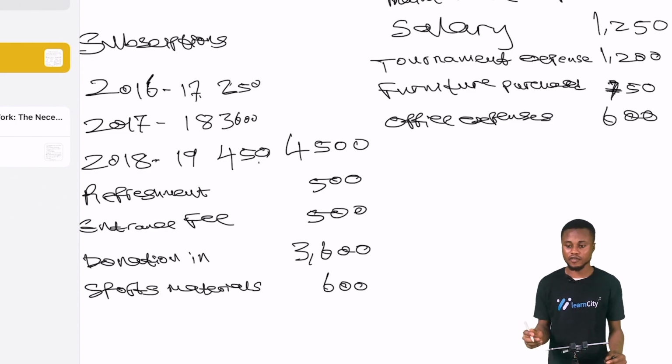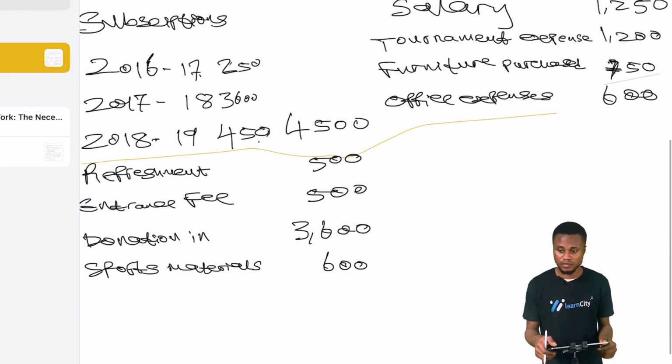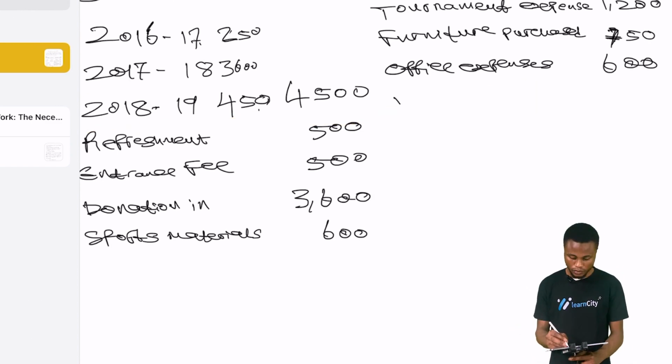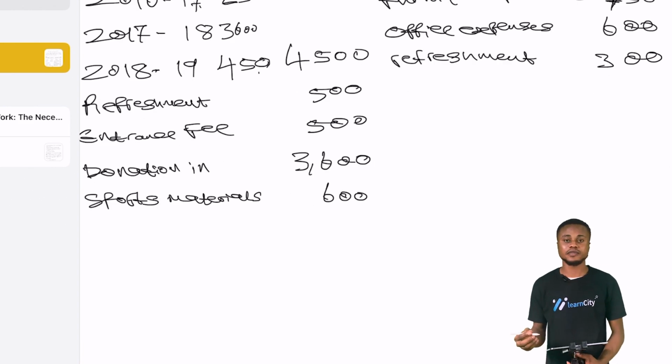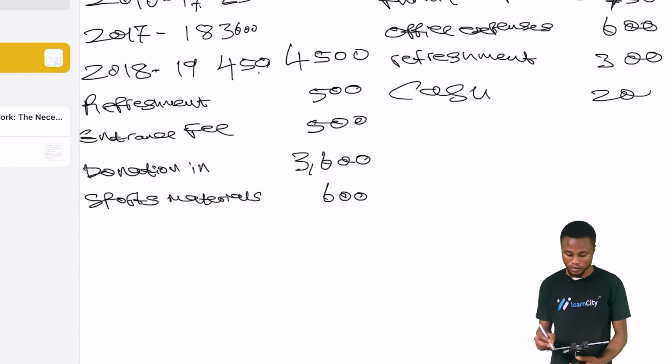After the office expenses, the next thing in the question is the purchase of refreshment. Refreshments purchase, which is 300. The next item is the cash that was received. The cash is given as 200, right?